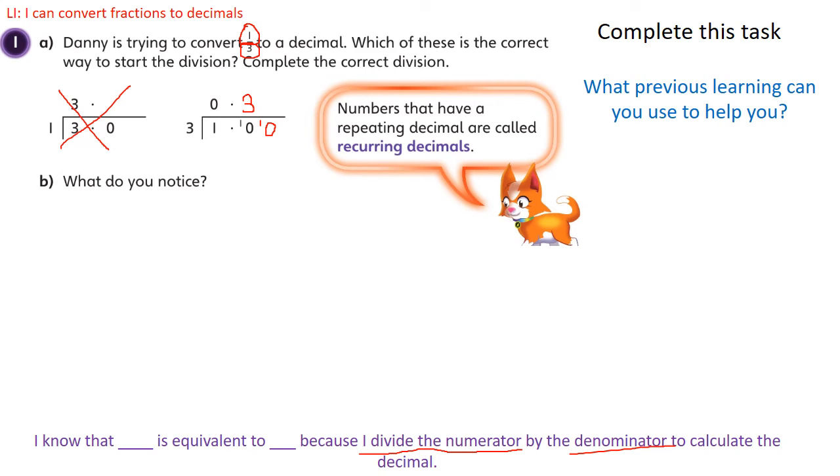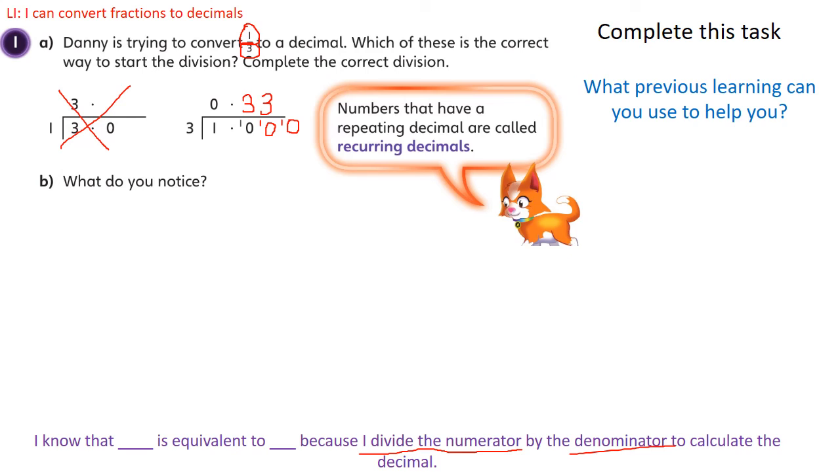All right, so let's do it again. How many lots of 3 can I get from 10? 3, 6, 9, so that's 3. What's my remainder? 10 take away 9 is still 1. I could carry on and we could go on forever. But instead, we are going to say that this is recurring.